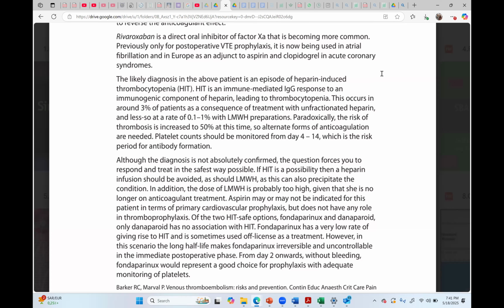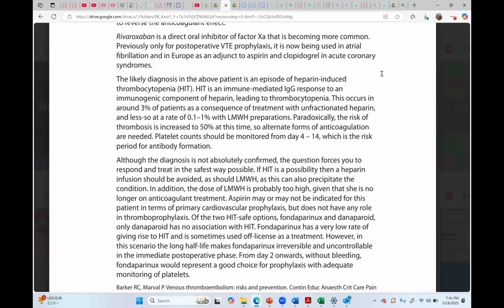In addition, the dose of low molecular weight heparin is probably too high, given that she is no longer on anticoagulant treatment. Aspirin may or may not be indicated for this patient in terms of primary cardiovascular prophylaxis, but does not have any role in thromboprophylaxis, as I told you. Of the two HIT-safe options, fondaparinux and danaparoid, as I was telling you, only danaparoid has no association with HIT.